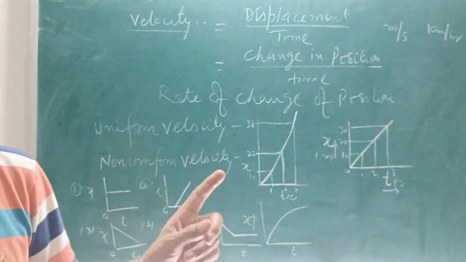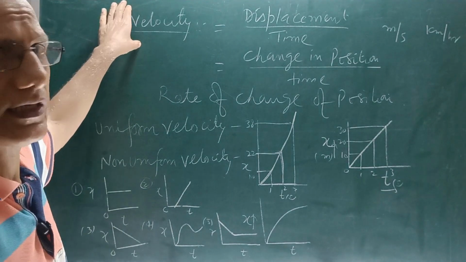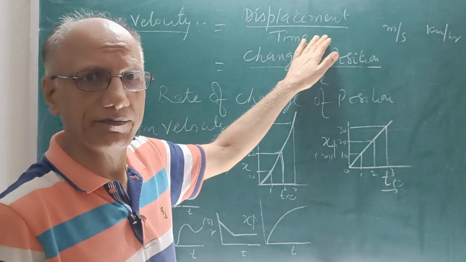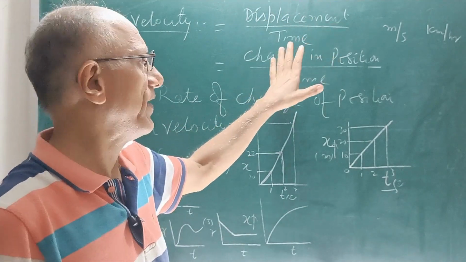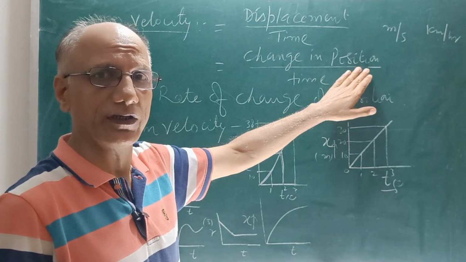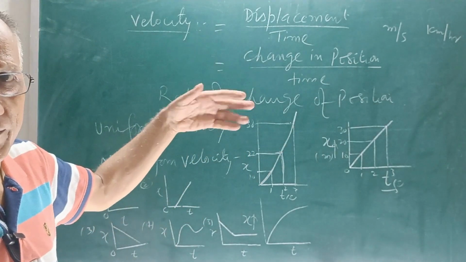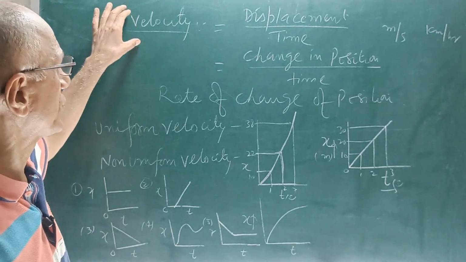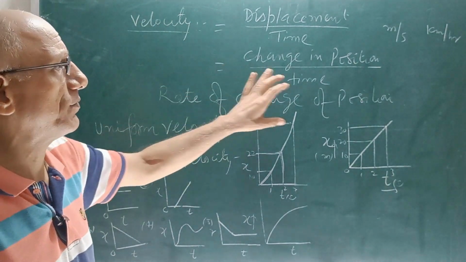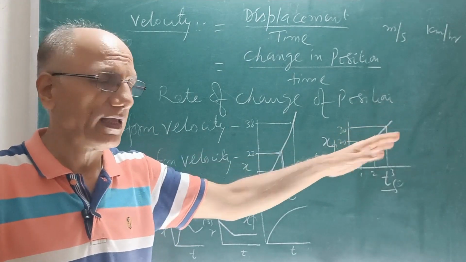So I'll just summarize again. Velocity is displacement upon time, and displacement we have already defined as change in position. When you divide by time, then it becomes a rate. So velocity can be defined as rate of change of position of a body.